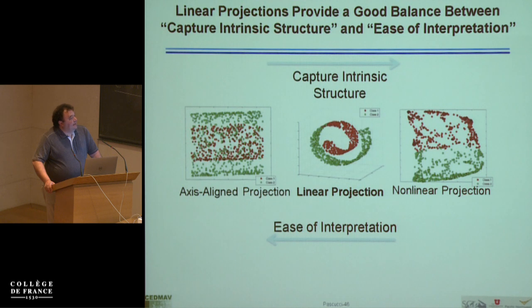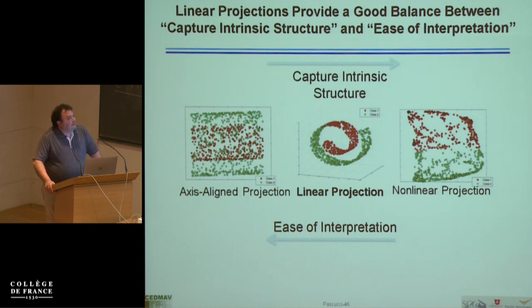If I do things like linear projection, given the experience in 3D, there is more intuition of what's going on. And of course, if I go down to axis-aligned projection, the scatter plots that we saw at the beginning, that's in some sense very intuitive, but very limiting in the things you can do.